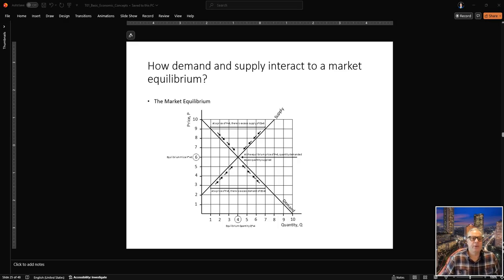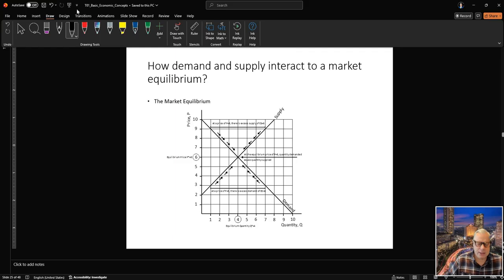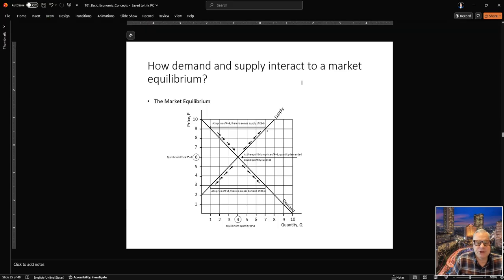and we have a demand function, and the demand function has the inverse. The inverse demand function is given by P, because that's on the y-axis, equals 10. That's the intercept.